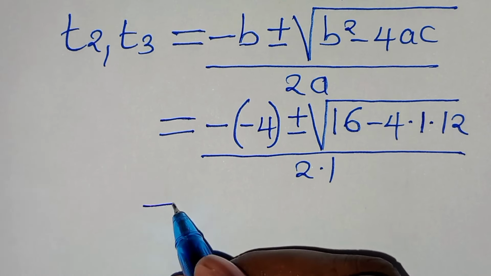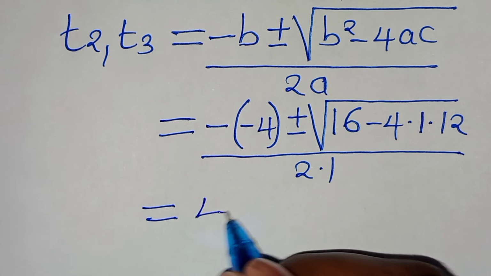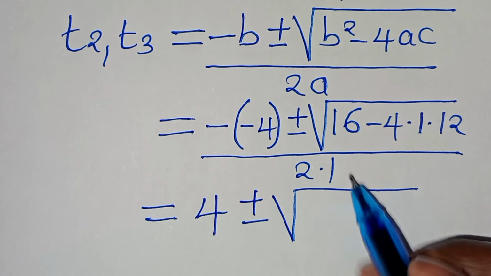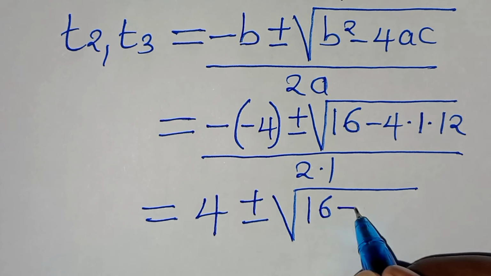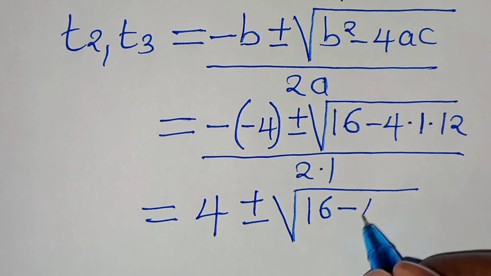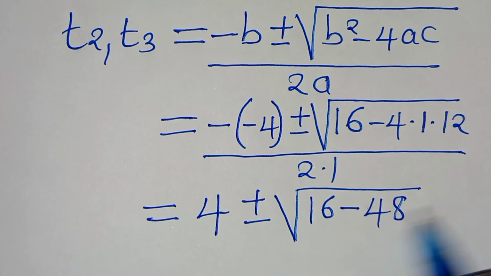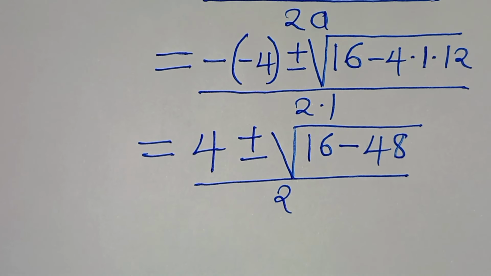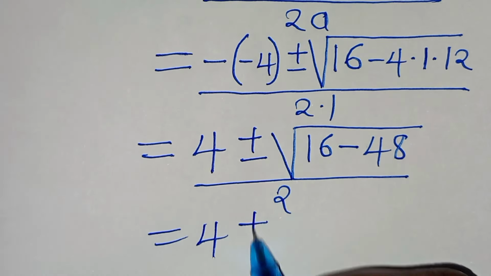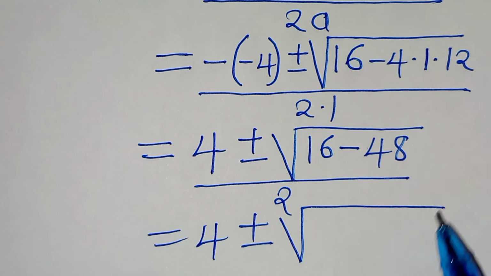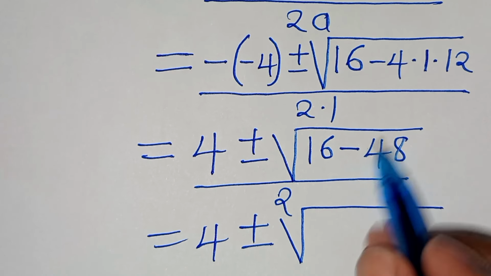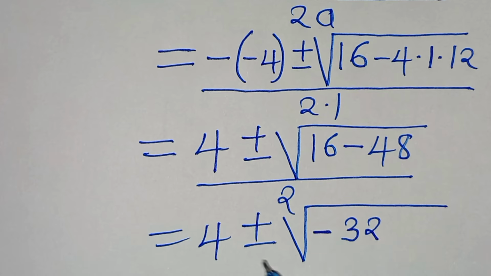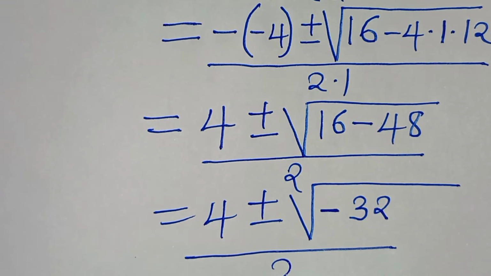So this implies that we have minus times minus 4, which is 4, plus or minus the square root of 16 minus 12 times 4, which is 48, everything divided by 2. So now we have 4 plus or minus the square root of 16 minus 48, which is minus 32, everything divided by 2.